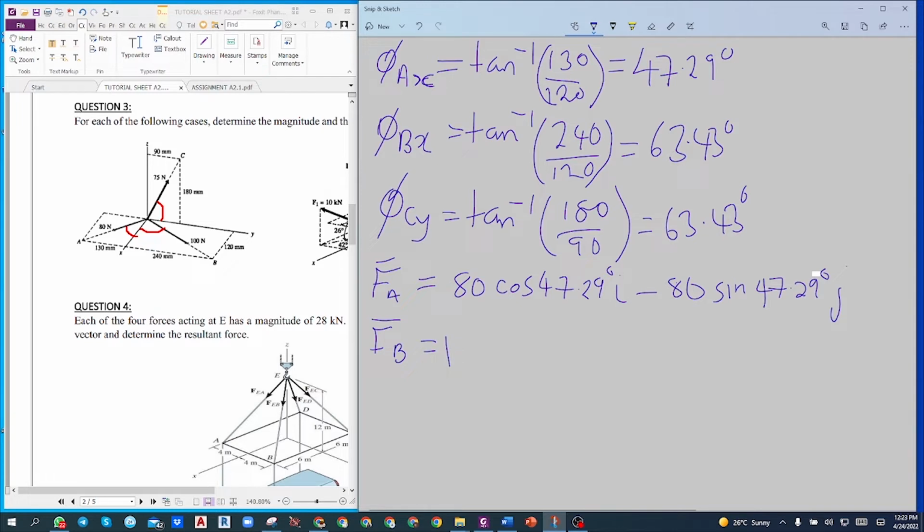Our FB is just like the same, it will be 100 cos 63.43 degrees plus 100 sine 63.43 degrees. This is j, that's i.